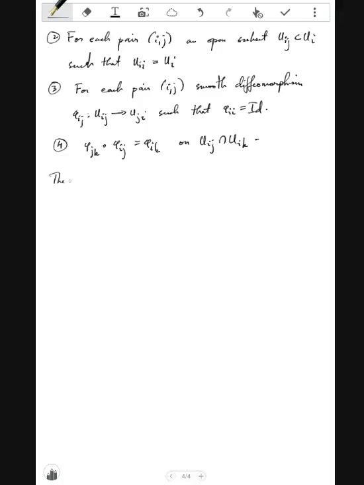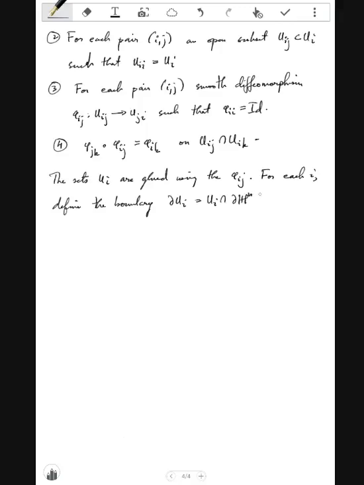The sets Ui are glued using the phi ij. For each i, define the boundary of Ui to be Ui intersected with the boundary of Hn, and define the boundary of M to be equal to the union of the boundaries of the Ui's.